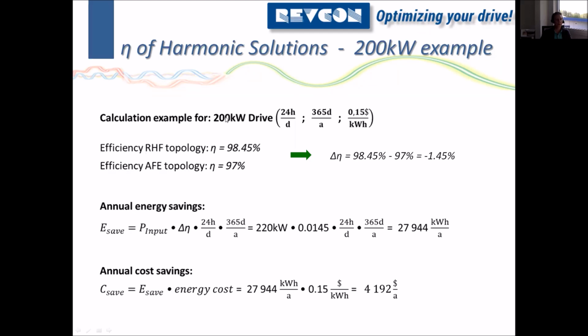If we assume a drive running 24/7, 365 days a year, and we pay 15 cents per kilowatt hour, every year we waste $4,200 for a solution that was more expensive in the beginning and also creates more power losses. That is the reason why I never recommend using active front-end technology for harmonic mitigation.